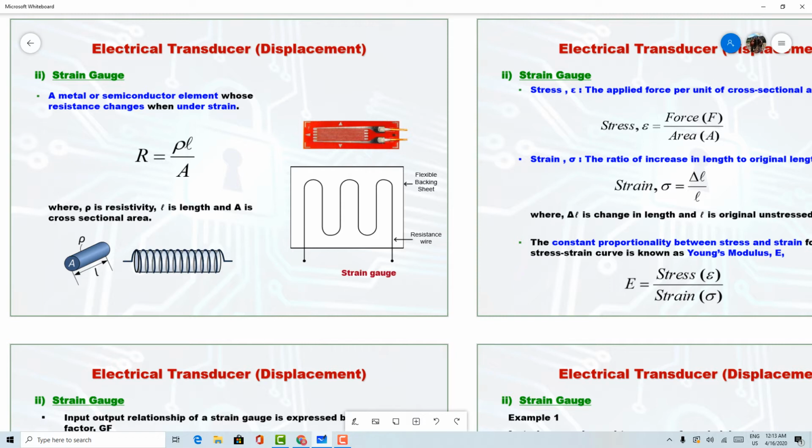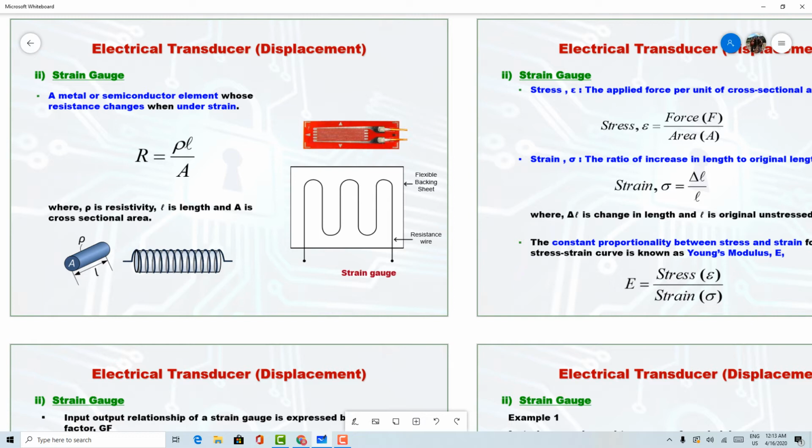The equation we can derive for the tensile stress is force over area, where F is the applied force and A is the cross-sectional area. This is the tensile stress. And then what is the tensile strain?